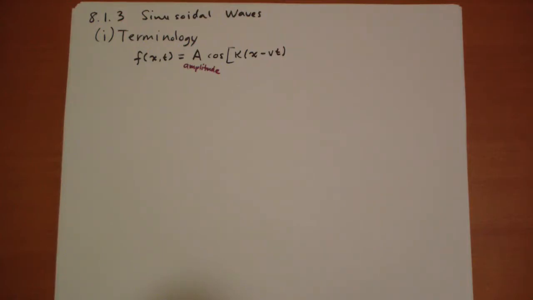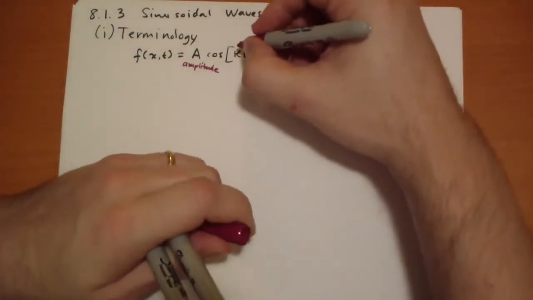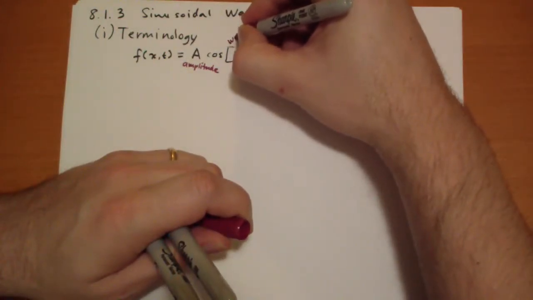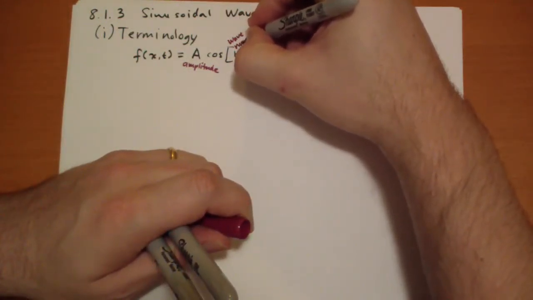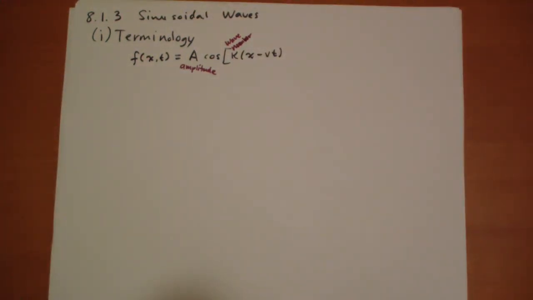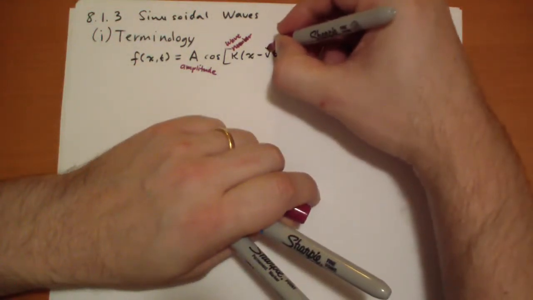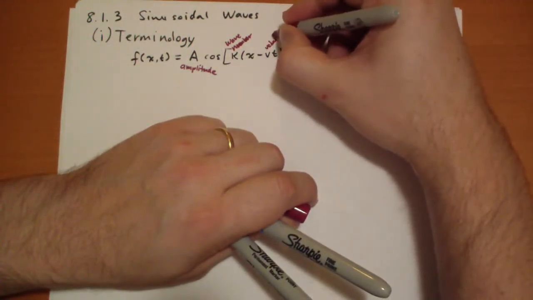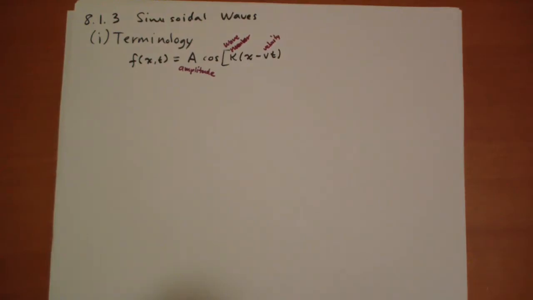So this is the wave number. It's an integer. It goes from 1 to infinity. So you have an infinite number of these working against each other. This is the wave velocity. In our string, that was the square root of the tension over the mass per unit length.